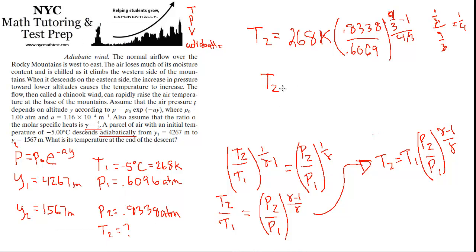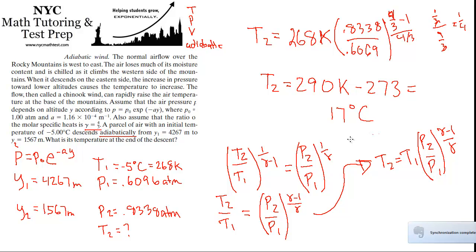T2 equals 290 Kelvin. And you can subtract 273 from that if you want to get it in Celsius. You will get 17 degrees C, I believe. See if that's the answer. Yeah, I got 16.8, close enough.